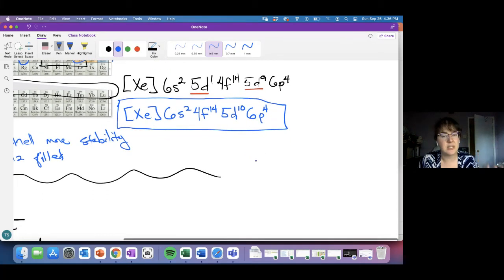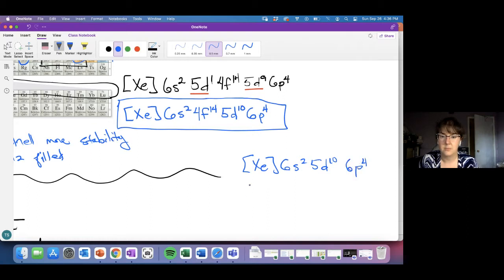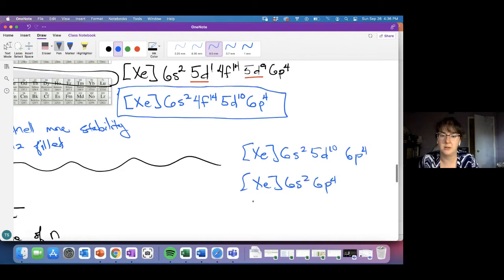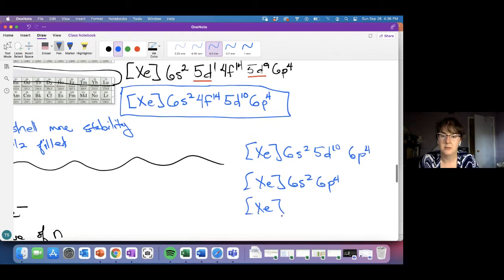But if that was the case, your options would look something like this. 6s2, 6p4, xenon 6s2.